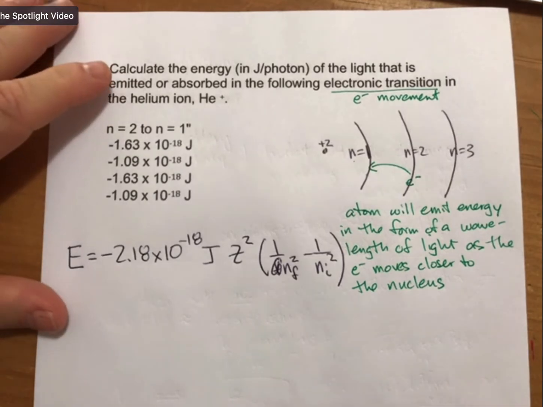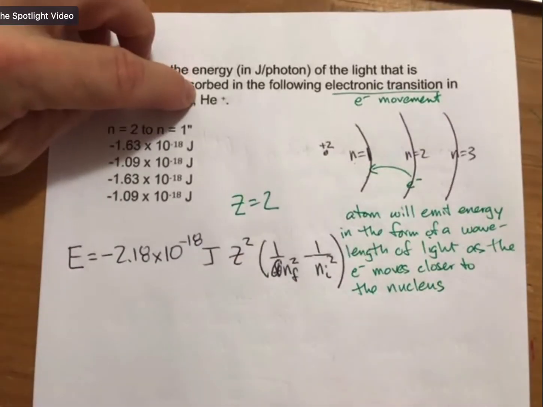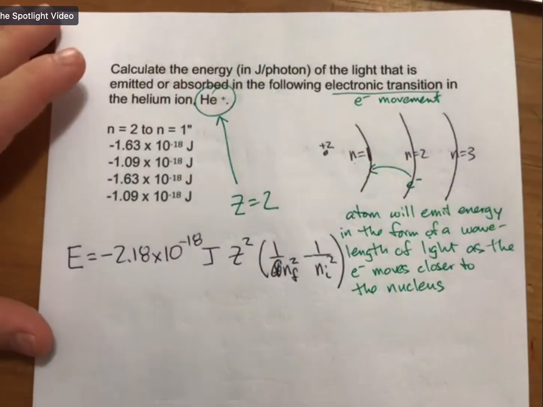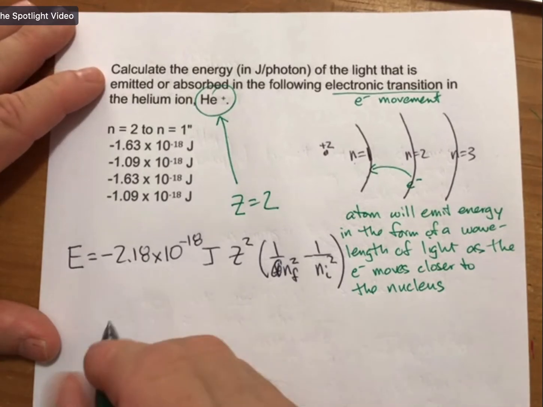Then plugging in numbers, Z is 2 for helium, because 2 is the number of protons in a helium atom. And now I'm just going to go ahead and fill everything in.